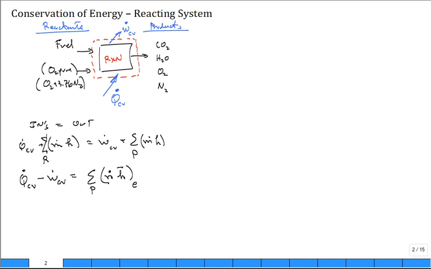They use P underneath the summation sign, and then they'll use E for those that are exiting, minus the sum of the molar flow rate times h bar of all the reactants that are incoming. Okay, give me the units on n dot. Kilomoles per second. Give me the units on h bar. Kilojoules per kilomole.